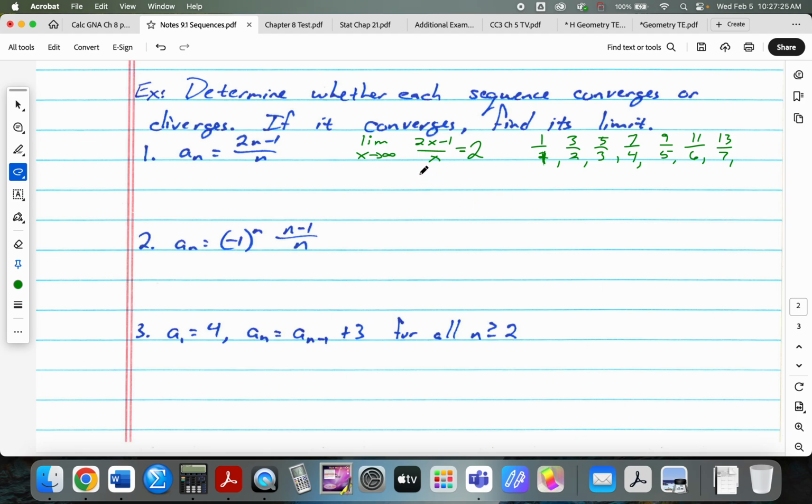All right, so since this goes to 2, then my sequence a sub n converges to 2. And I'm always careful to write that this sequence converges to 2. Why? Because in a very little while we'll also have series, and we'll talk about whether series converge or diverge.